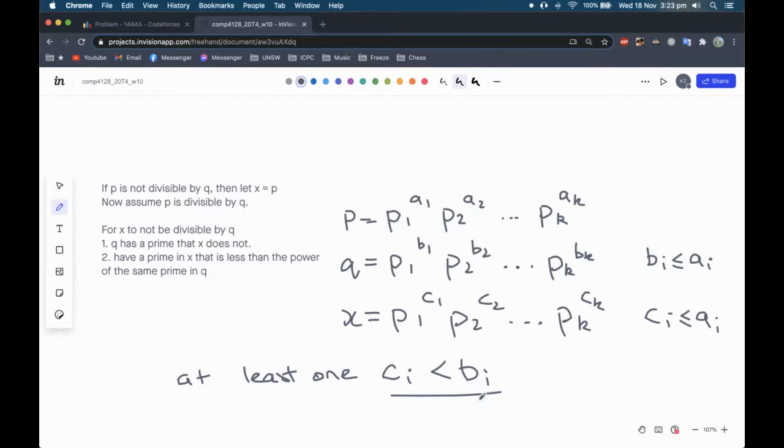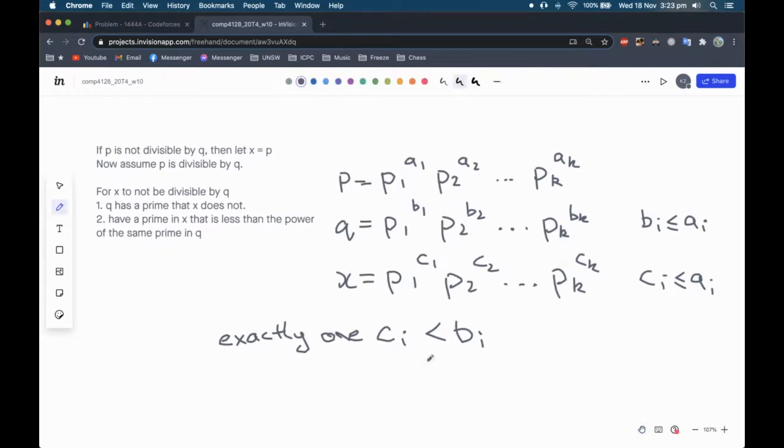We can increase the power of one of those, and then the condition is still met because one of the c_i is smaller than b_i, but we get a larger x in return. So we can conclude that instead of at least one, we have exactly one c_i less than b_i.